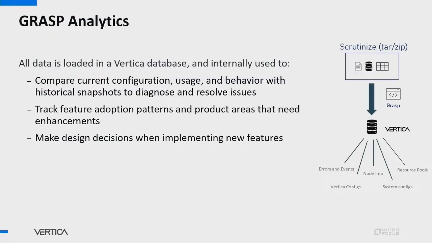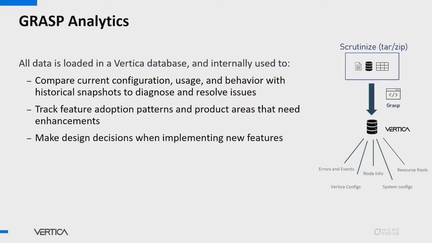So let's get started. Our customers, when interacting with support, send a scrutinize file. This tar file has metadata from your database, logs, and many other system level information. This data that we collect is securely stored in a Vertica database tagged by the customer name and the time of collection.